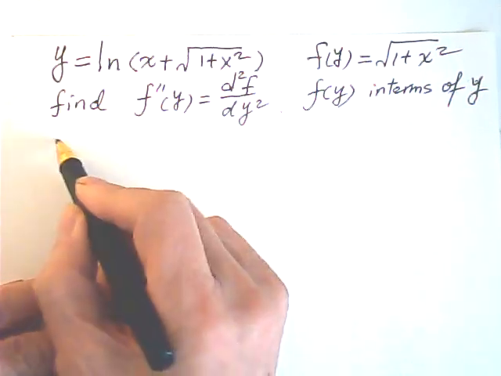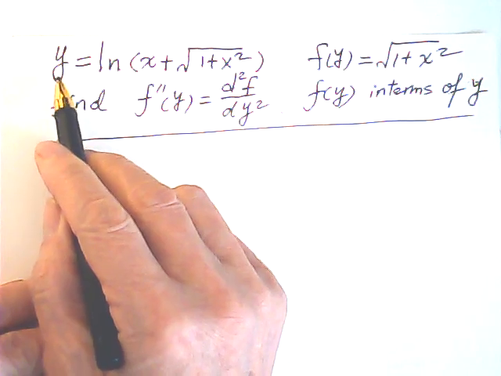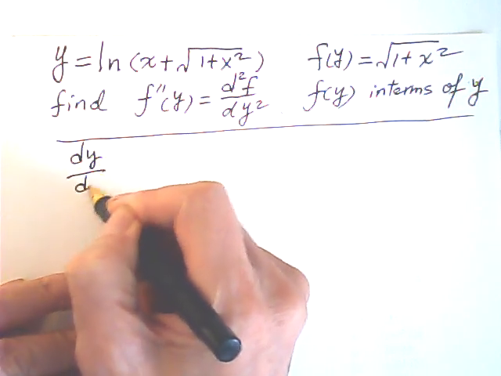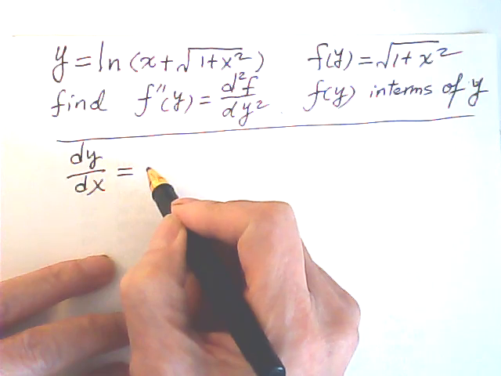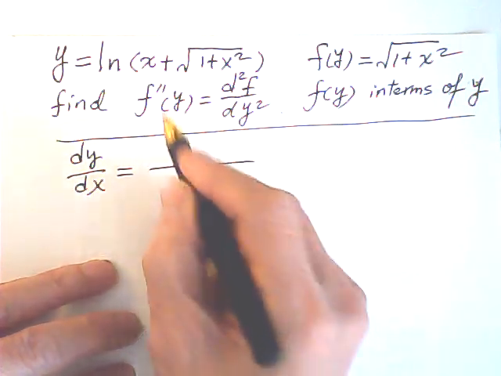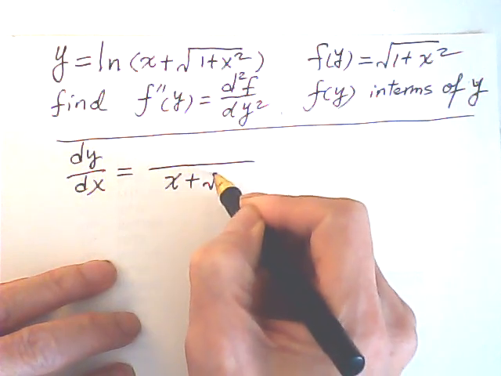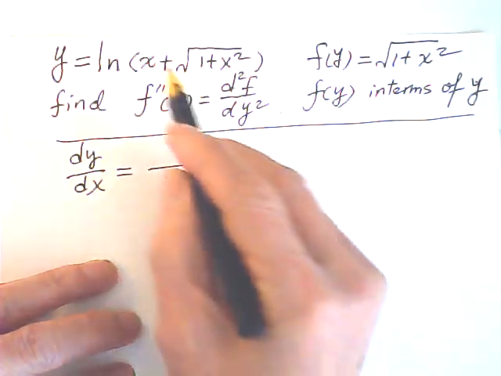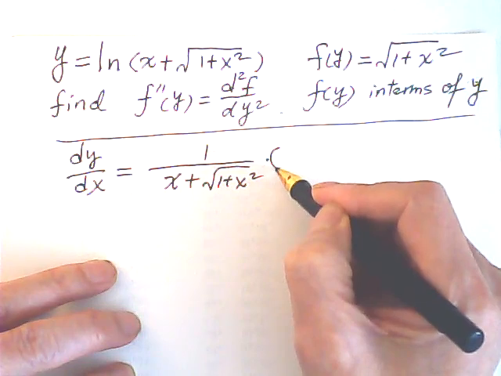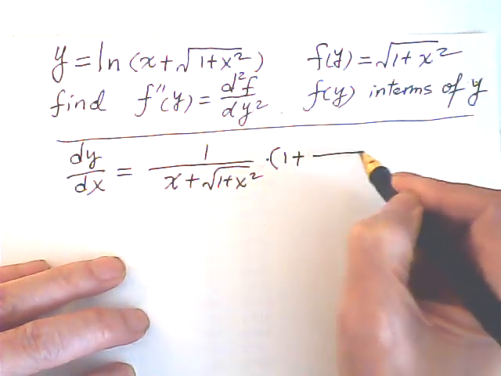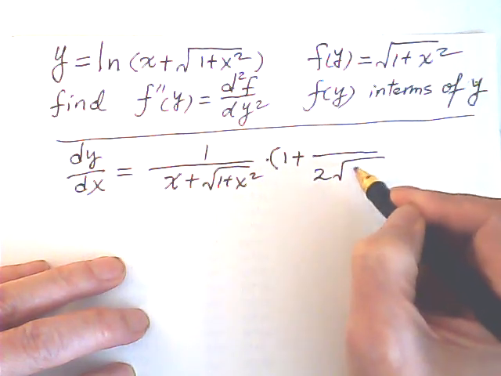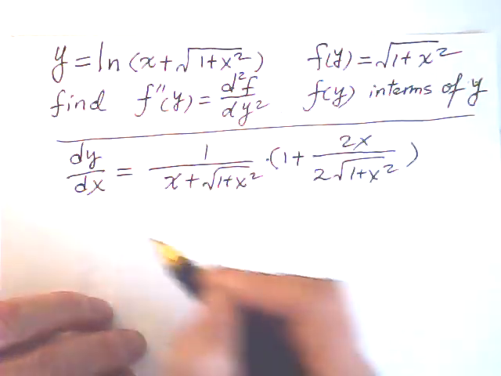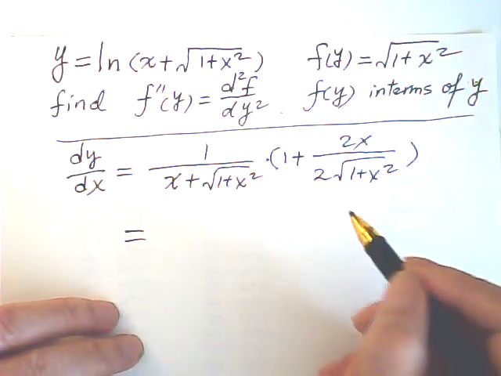First, we're given y is this function, therefore we can find dy/dx, which is equal to 1 over x plus the square root of 1 plus x squared, multiplied by the derivative of this, which is 1 plus 2x over 2 times the square root of 1 plus x squared. Then we can simplify.